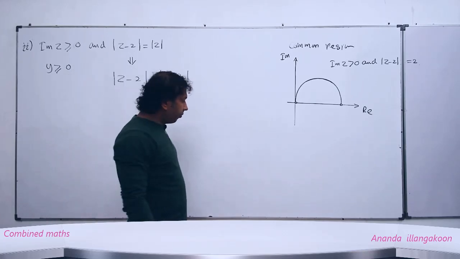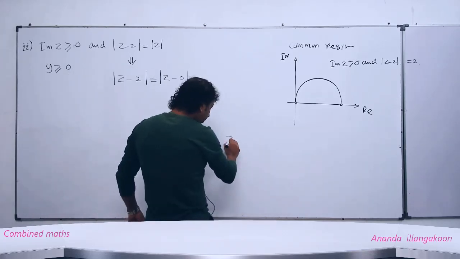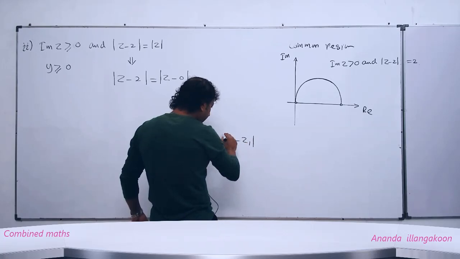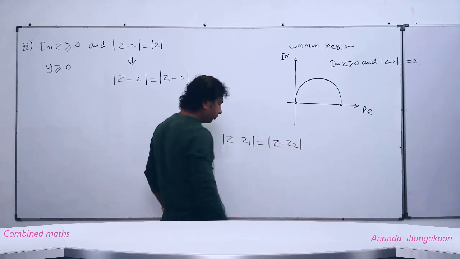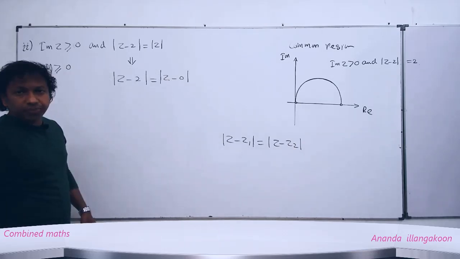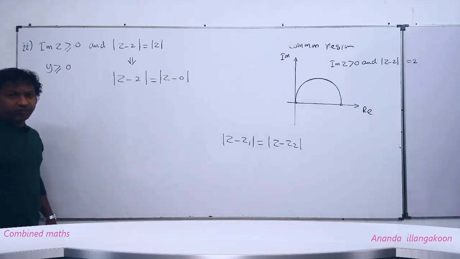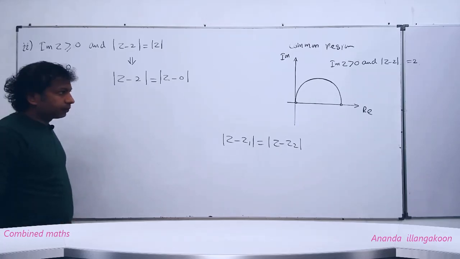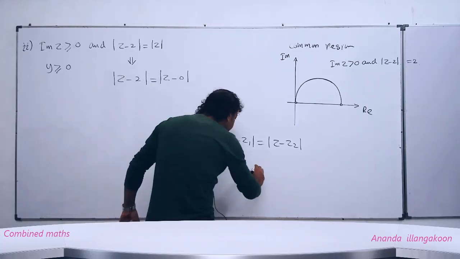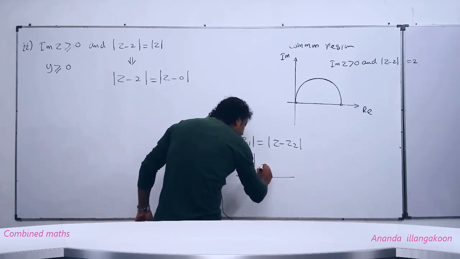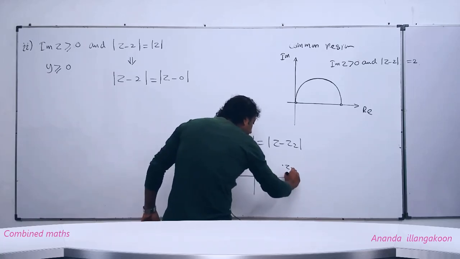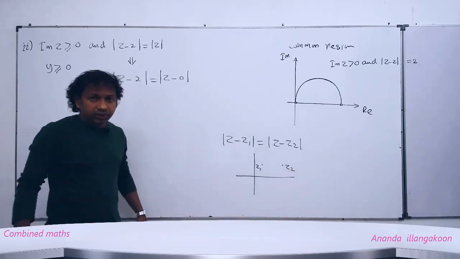People, can you remember? We considered this kind of path. What is this path? This is a variable complex number. This path is the perpendicular bisector of the line segment joining the complex numbers z1 and z2.